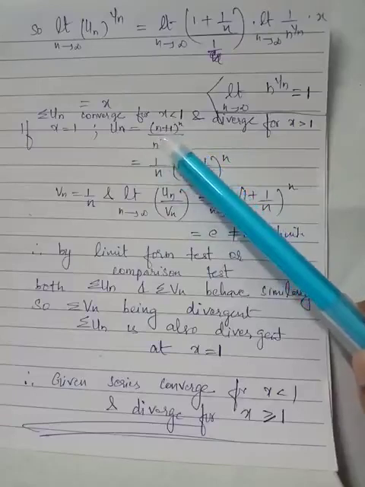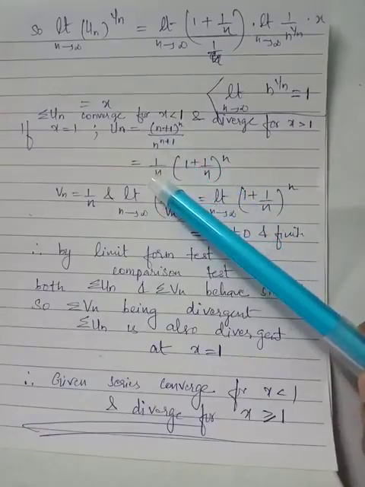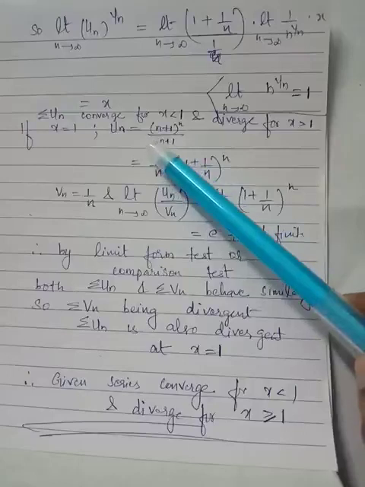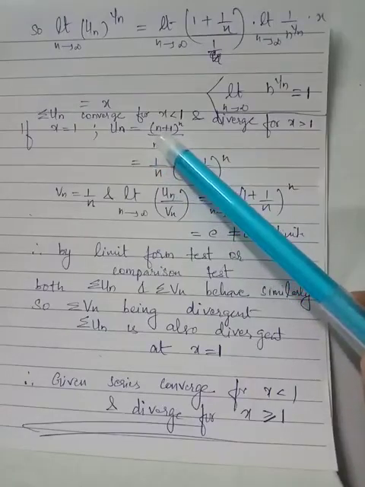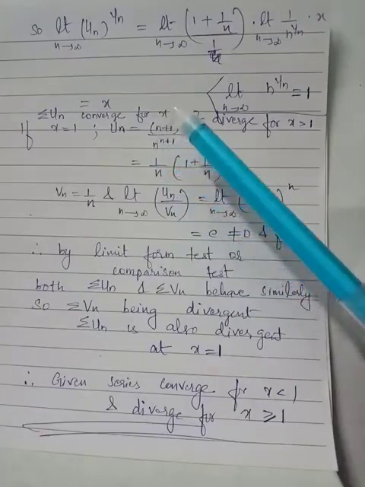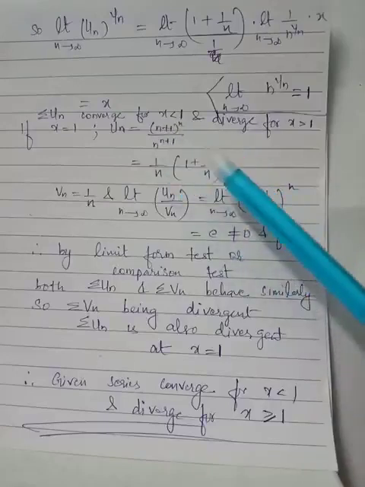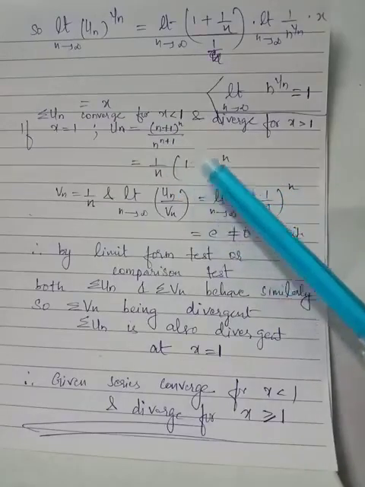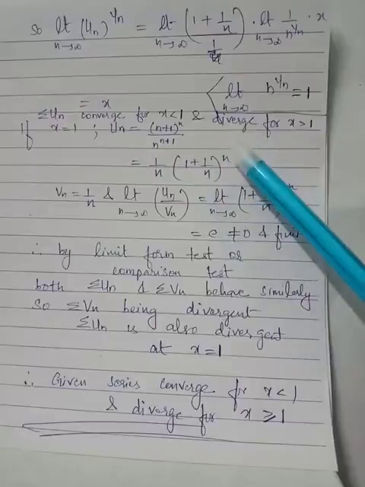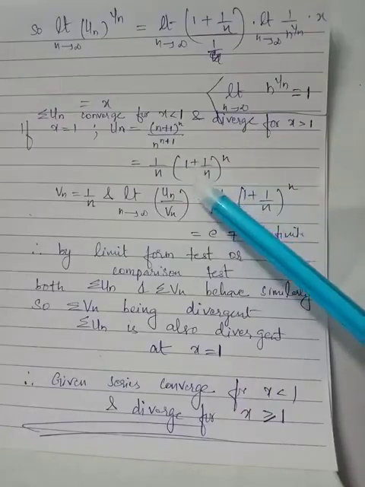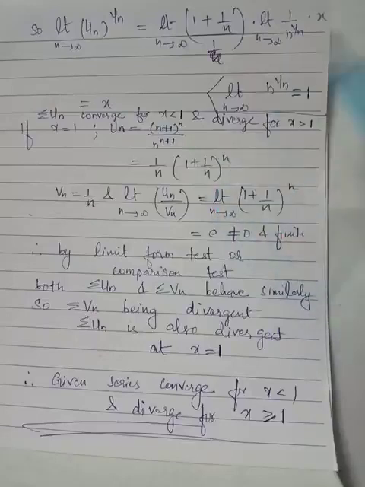So, n raised to 1, which appears in the denominator, is written separately. n plus 1 and the n raised to n in the denominator both share a common power n. Therefore, those two terms are grouped and written as (n plus 1) divided by n the whole raised to n. (n plus 1) divided by n the whole raised to n can be written as (1 plus 1 by n) the whole raised to n.